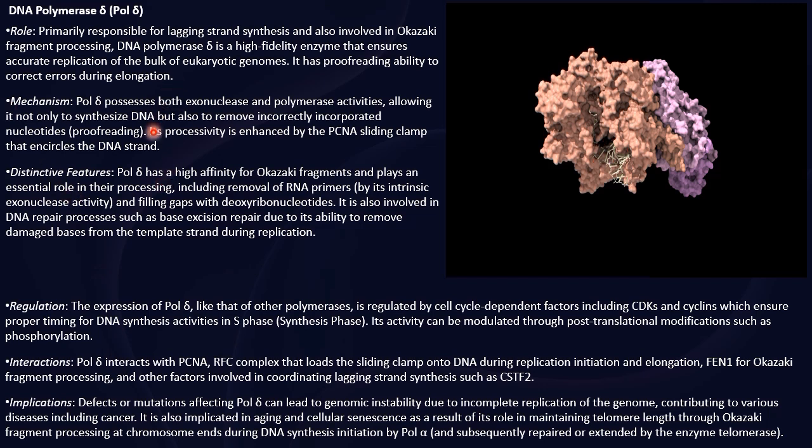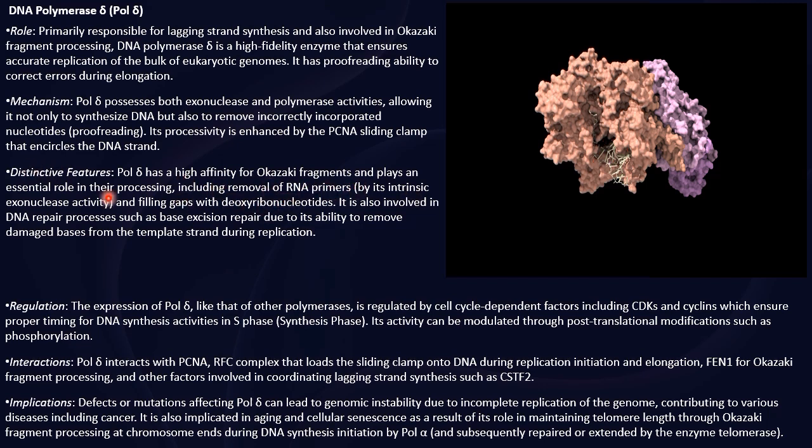Its processivity is further enhanced by the PCNA sliding clamp that encircles the DNA strand, which I will show later in this video. And then comes the distinctive feature, which separates this enzyme from the other two DNA polymerases. Pol delta has high affinity for Okazaki fragments and plays an essential role in their processing, including the removal of RNA primers by its intrinsic exonuclease activity.